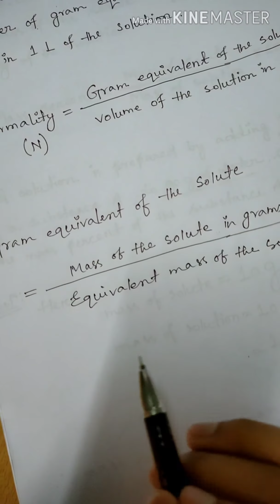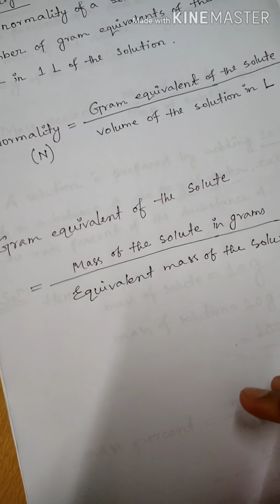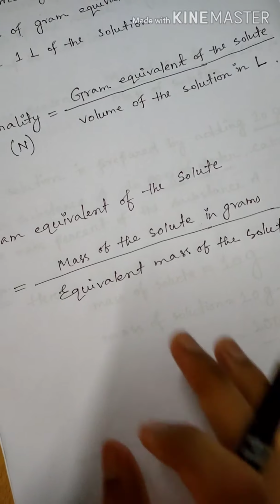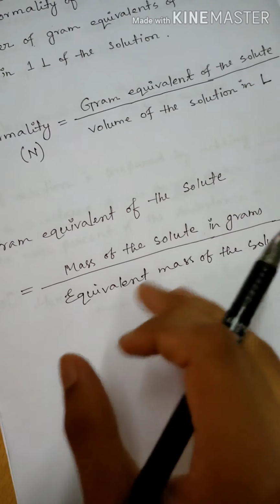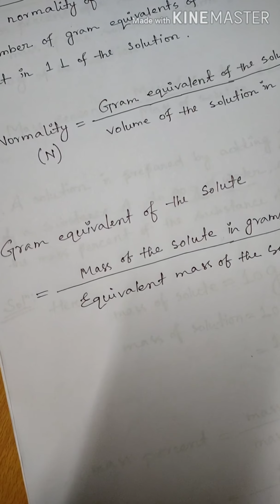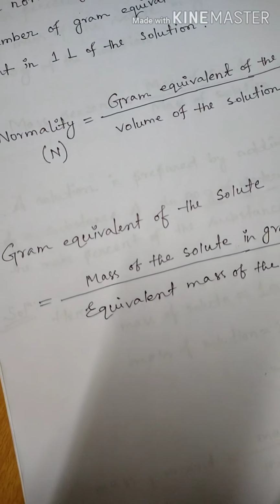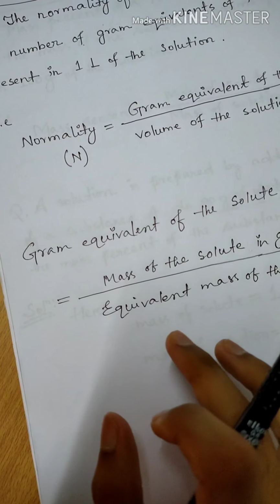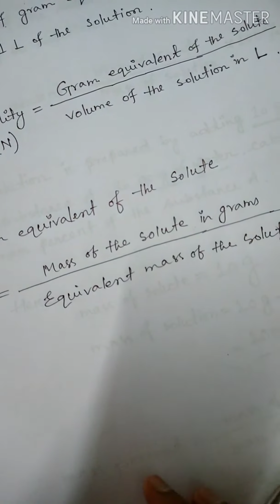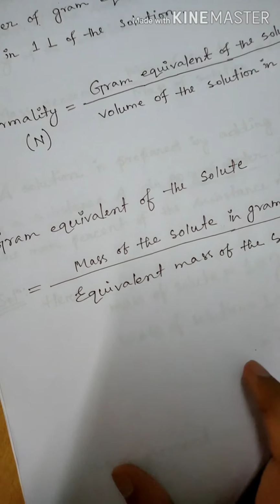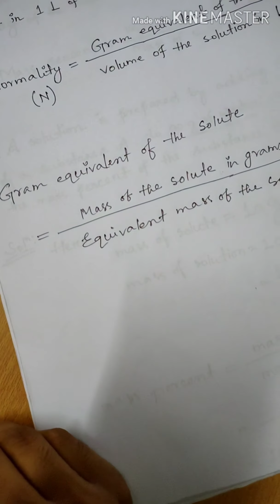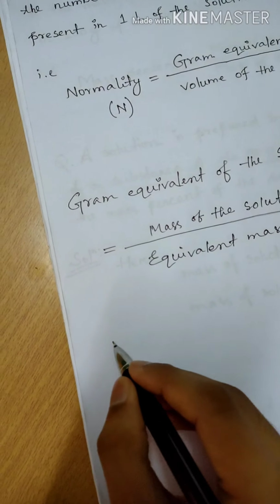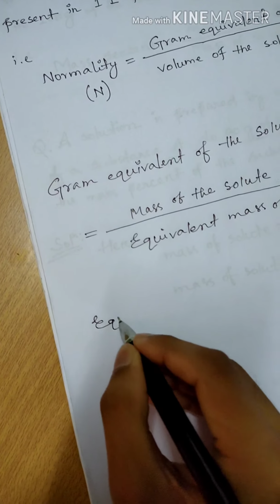So what is the equivalent mass of the solute? How shall we calculate the equivalent mass of the solute if it is not given in the question? There is a formula for finding the equivalent mass of the solute.